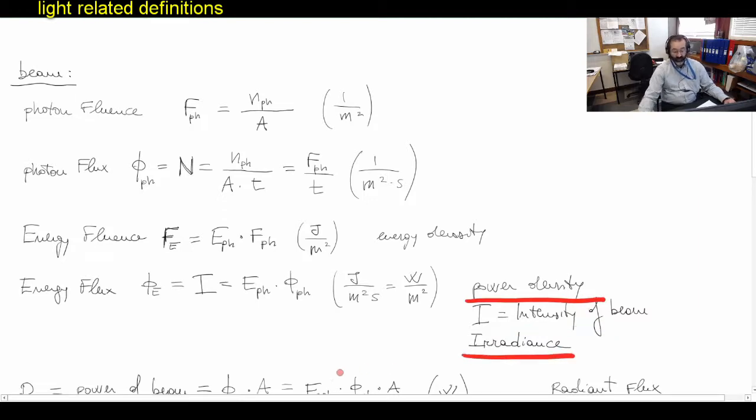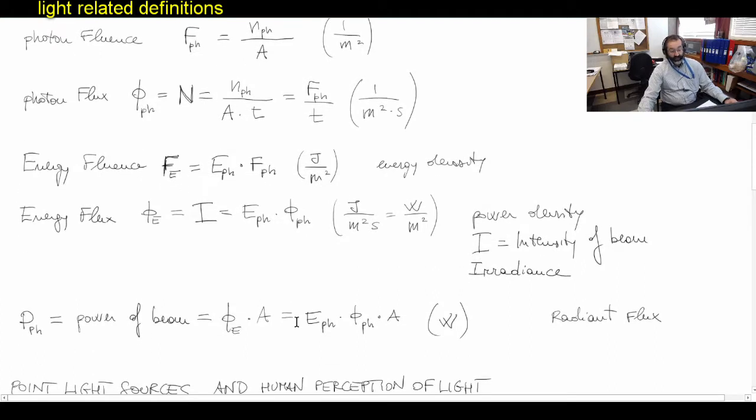Try to become familiar with these names. And finally, the power of the beam, which we will indicate with capital P_ph, is simply the energy flux times the area onto which this beam is falling, and so effectively corresponds to this based on the definitions we just made, and is measured in watts. This is also often called radiant flux.